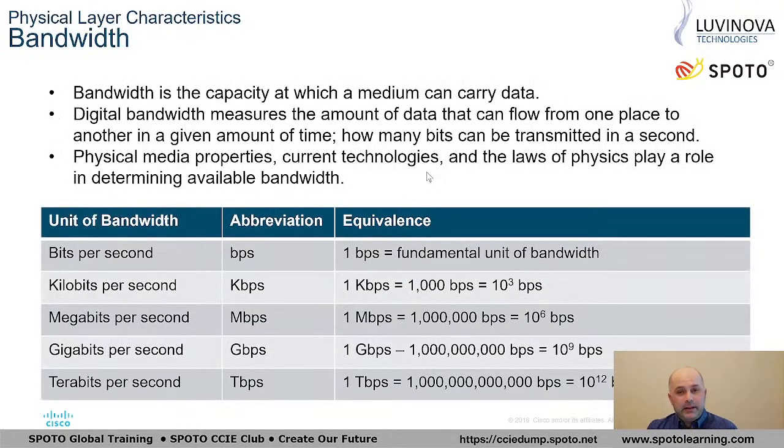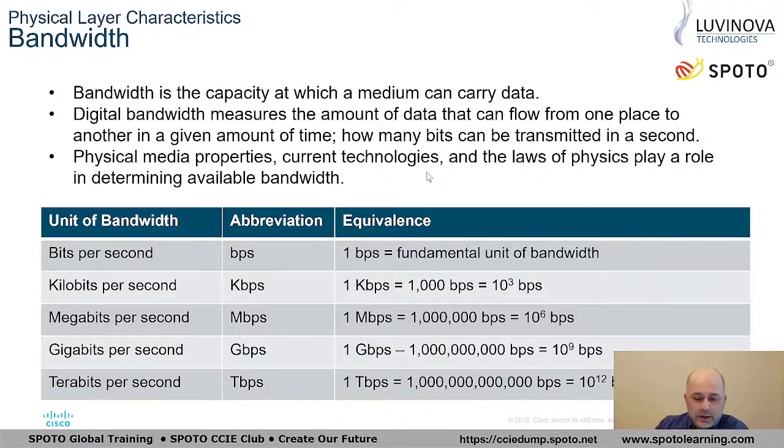Now, bandwidth. These terms you must know very well. What does bandwidth mean? Bandwidth is the capacity at which a medium can carry data. The bigger the capacity, the more data you can transmit over the medium.